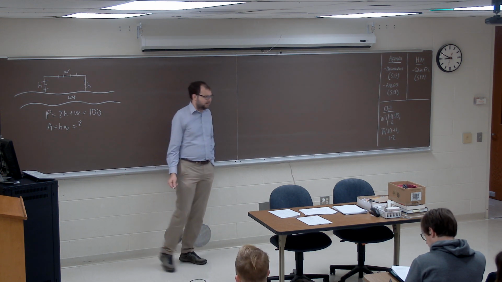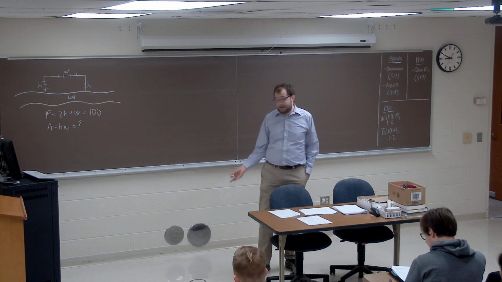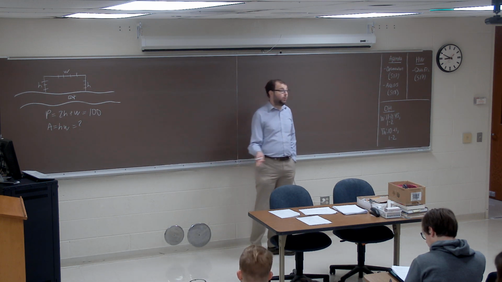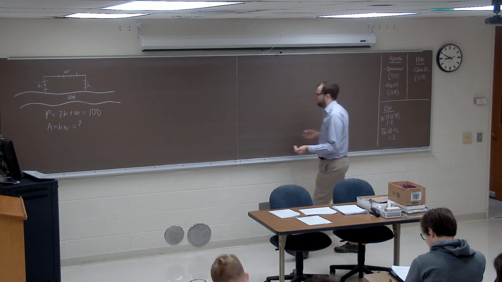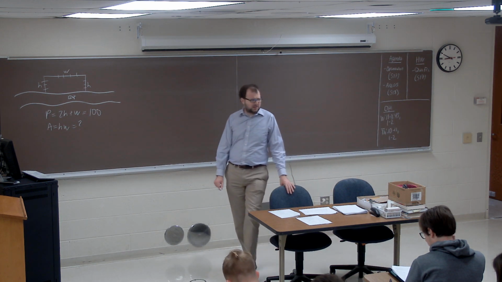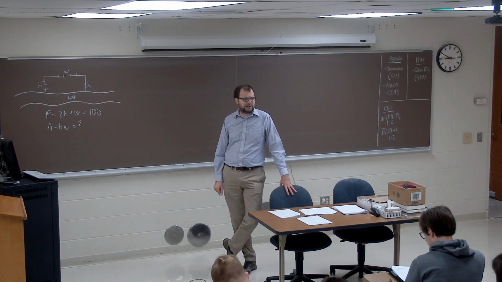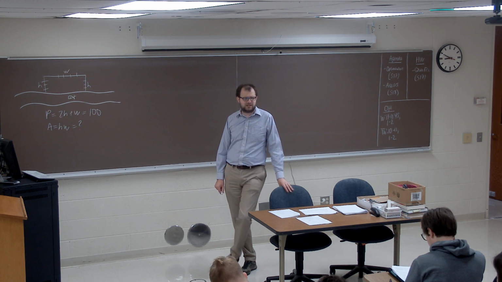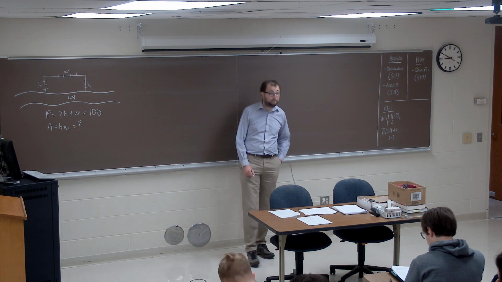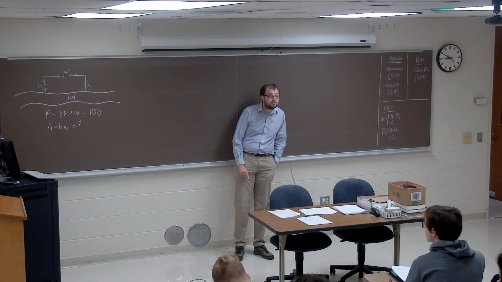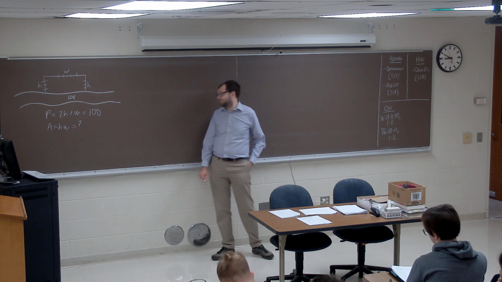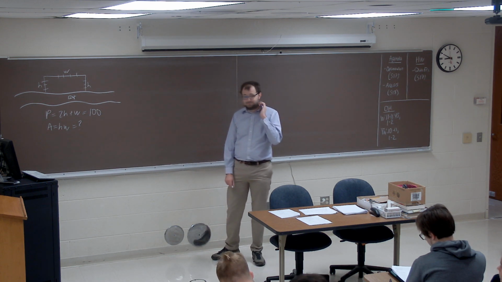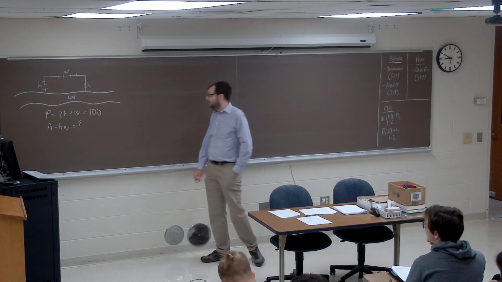We can't maximize area by taking the derivative right away, because currently our area formula has two separate variables in it. So what can we do to get our area formula just in terms of a single variable rather than two of them? Jonah? Using the other equation, you find a way to get either W or H by itself. Yeah, exactly.